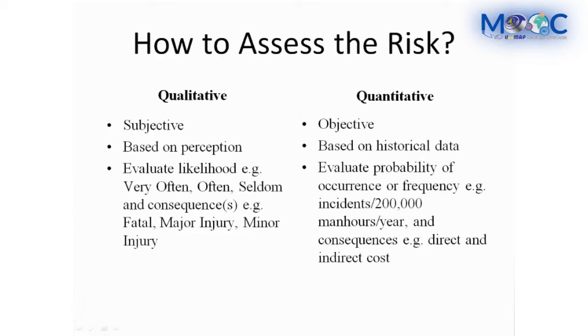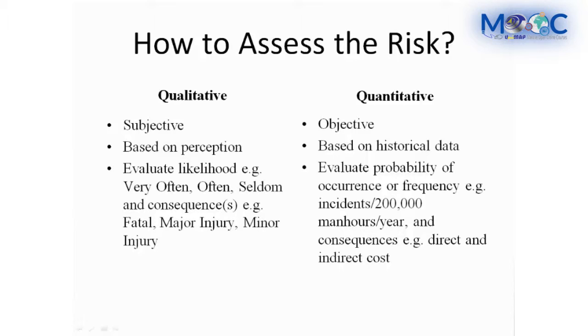Now, how do we assess the risk? The methodology is generally divided into two approaches, qualitative approach or quantitative approach. The first approach, the qualitative, is a subjective approach which is guided by our perception or judgmental decisions with technical knowledge.